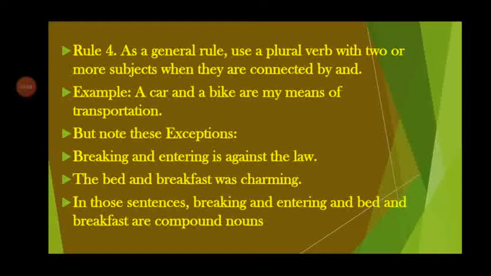The bed and breakfast was charming. Both these cases are treated in the singular sense. In those sentences, breaking and entering and bed and breakfast are compound nouns, so when they are compounded, we can treat them as singular.